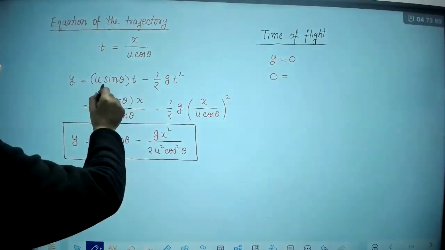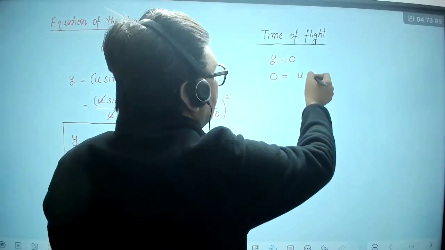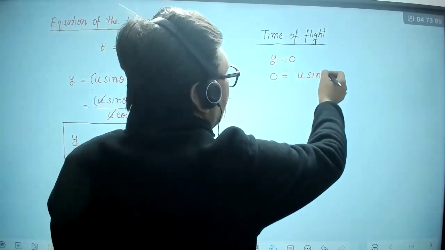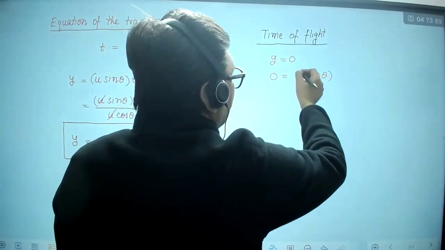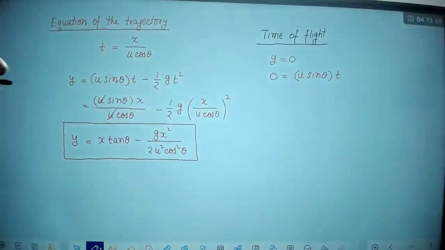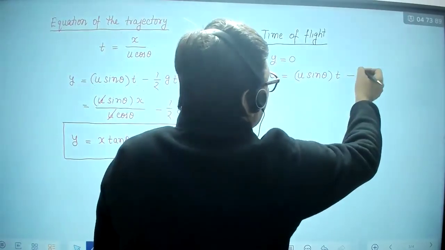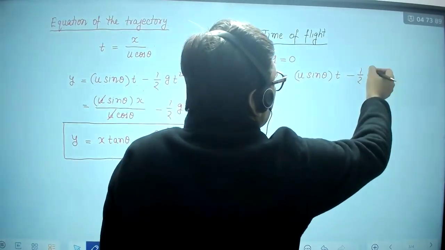Now your equation will be 0 equals u sine theta into t minus 1 by 2 gt square. In many ways you can do this calculation, but in general students don't do it this way, which is why I'm telling you this method.